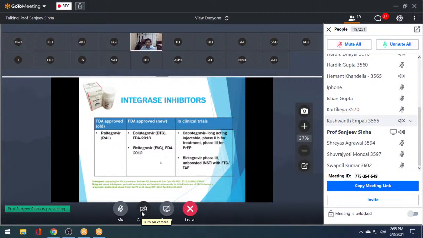So there are different kinds of integrase inhibitors, and in India we have raltegravir and dolutegravir available under the national program for limited use. And we have some other drugs under clinical trials which may be available in future in our country.